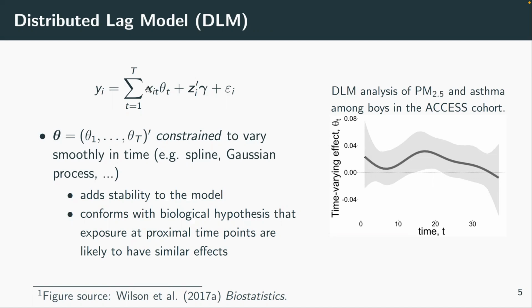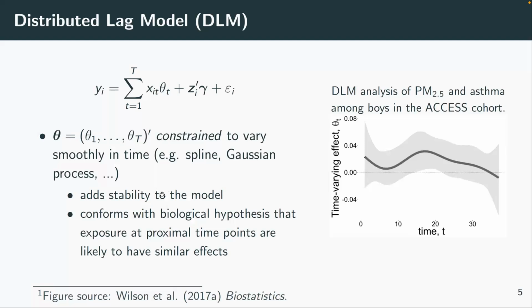But the challenge comes in because our X's, our exposure data, are autocorrelated with each other. So what's typically done is we fit what's called a constrained distributed lag model, where we constrain these thetas to vary smoothly over time. This serves 2 purposes. First, it adds stability to the model, so it's just a form of regularization.